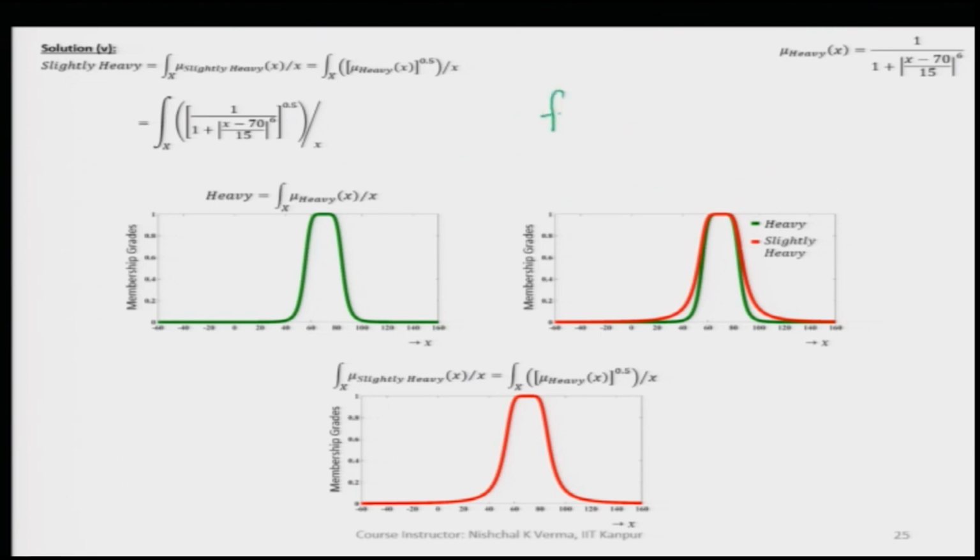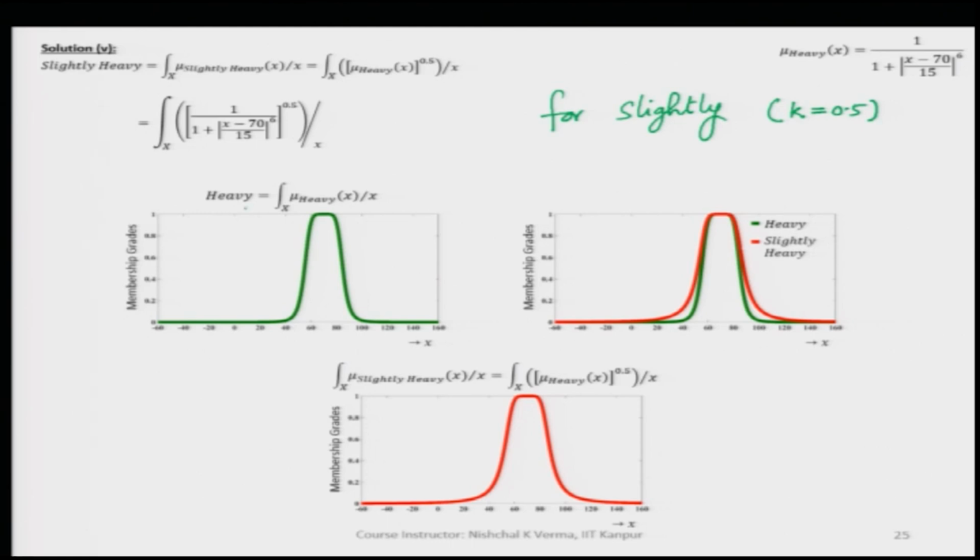So, for slightly, K is going to be equal to 0.5. For slightly heavy, we need to dilate the primary fuzzy set, that is the fuzzy set for heavy.